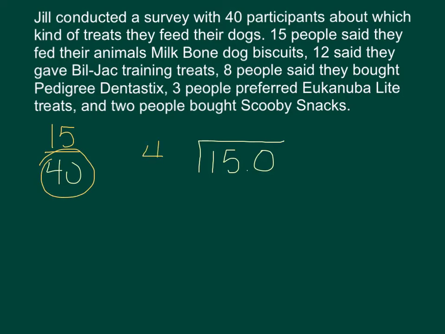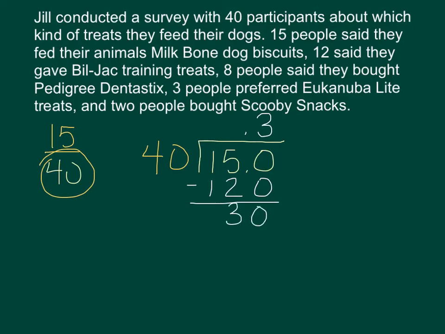So we're going to do 15.0 divided by 40. And 40 will go into 150 3 times. 3 times 40 is 120. 150 minus 120 is 30.